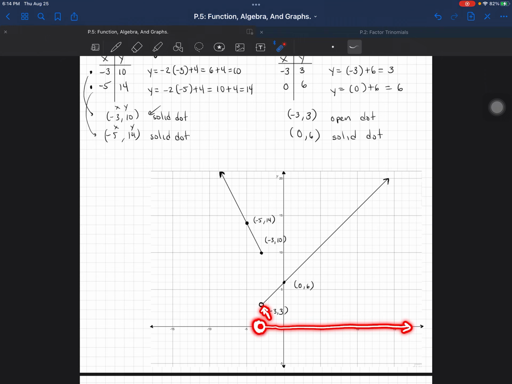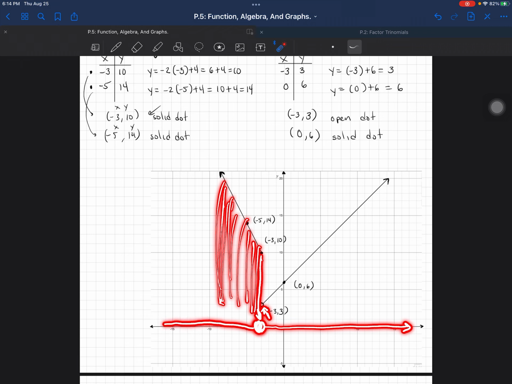Then you continue by asking, what about the other function? Well, this point is going to cover that point. So now the point is covered. And then you shadow every single point. In other words, reflect that function onto the x-axis. And because it goes forever, you're going to assume that the line is going forever.